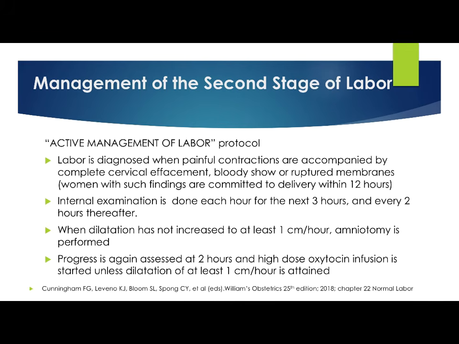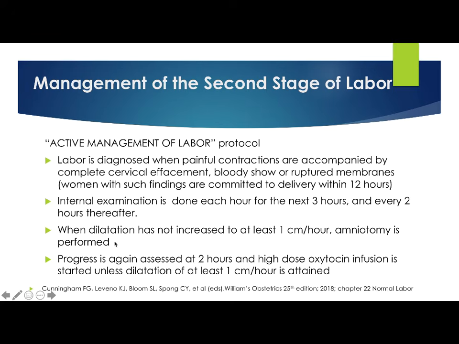So in some countries, they developed what we now call the active management of labor protocol. In this protocol, labor is diagnosed when painful contractions are accompanied by complete cervical effacement, bloody show or ruptured membranes. Women with such findings are committed to delivery within 12 hours. Internal examination is done each hour for the next 3 hours and every 2 hours thereafter.